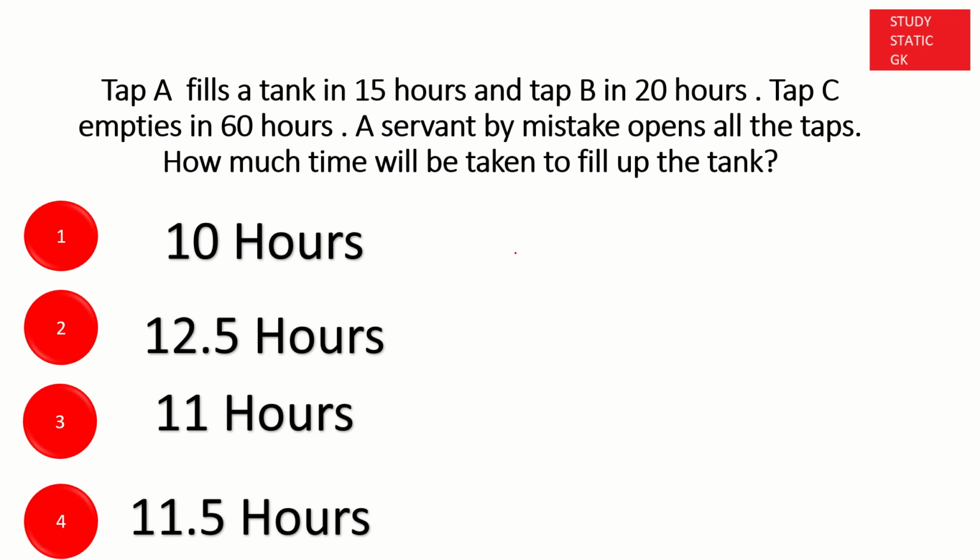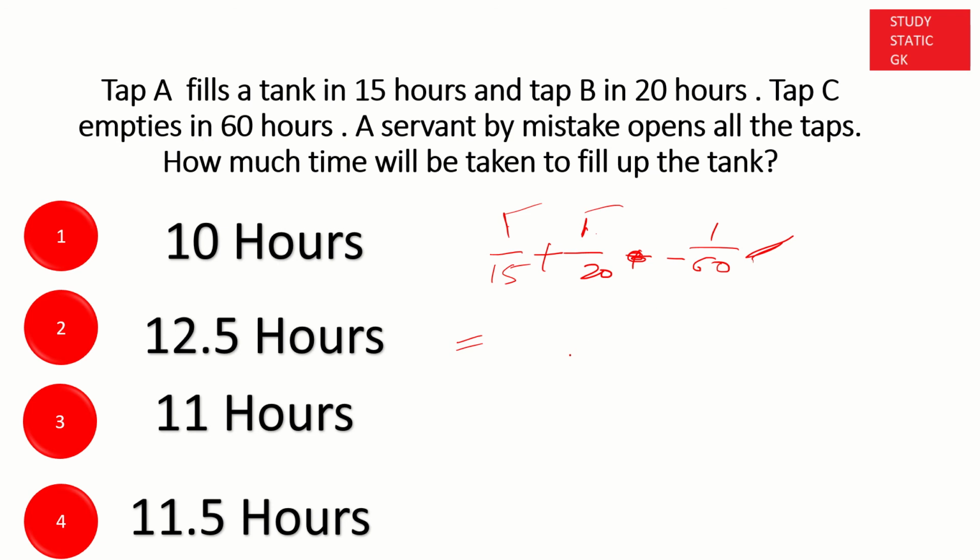So basically, in one hour, 1 by 15 will be filled by the first tap, and 1 by 20 will be filled by the second. The servant opens the third tap also, but this tap is emptying, so 1 by 60 will be subtracted, because it is emptying while these two are filling.